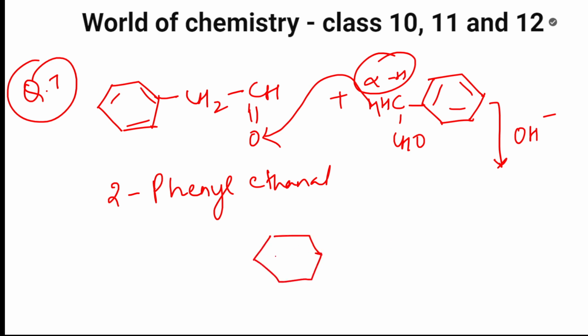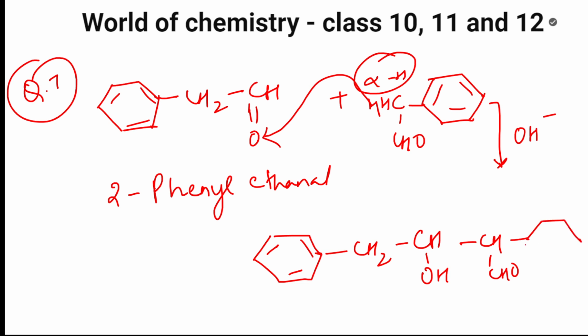So in aldol condensation, I'm just showing you CH2, the OH bond forms here, your CH is here, your CHO is here, and your aldol is here. Done, students? Yes, done. Now what is this called? This is called aldol. Now to the same aldol, suppose they're heating it and adding sodium bisulfate. So let me take this to the next page.